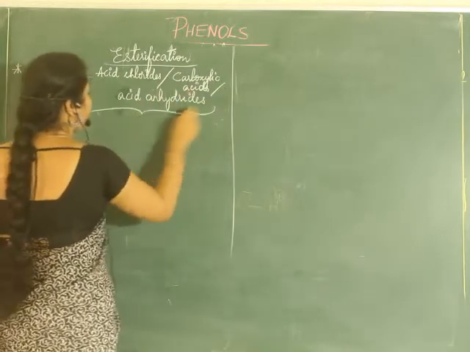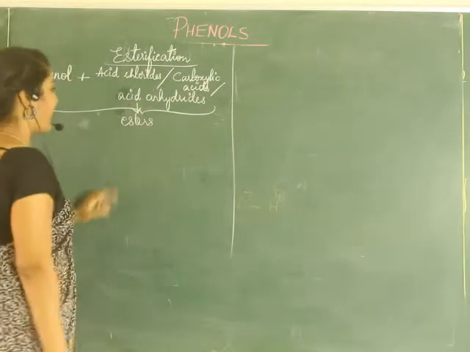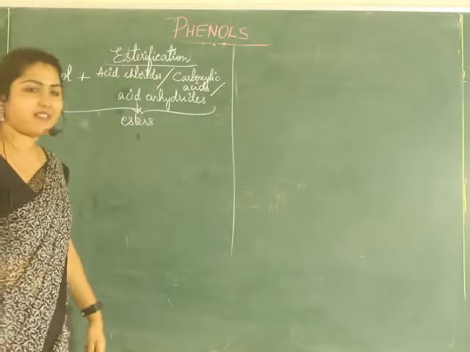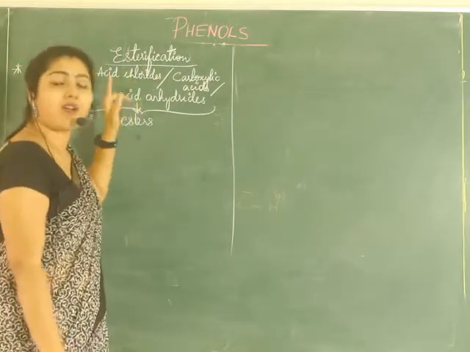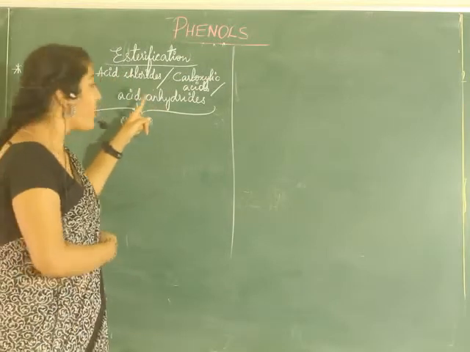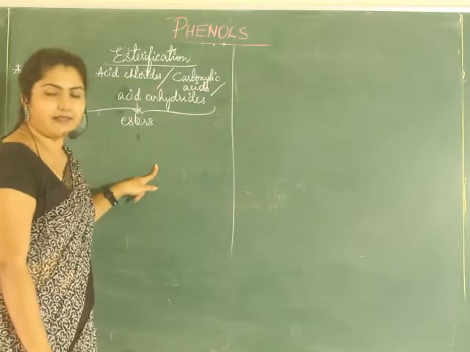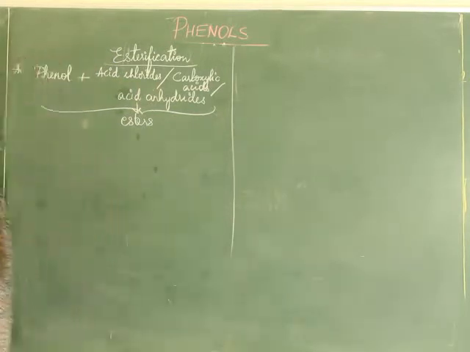What happens when they react? They form esters. This process is called esterification. Easy, right? Phenols react with acid chlorides or carboxylic acids or acid anhydrides to form esters. Now let us see how the reaction goes. It's very easy and interesting also.